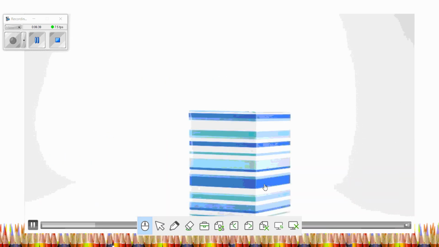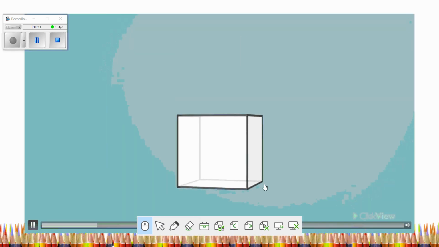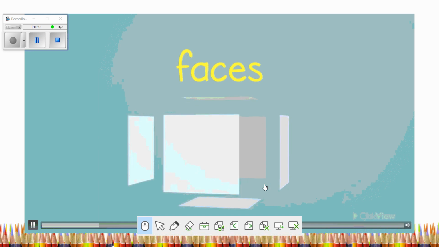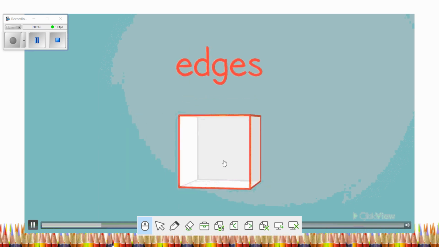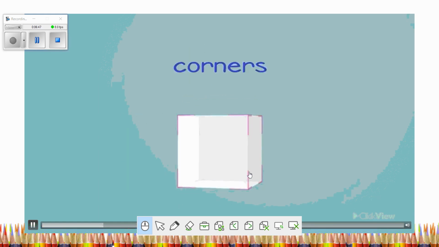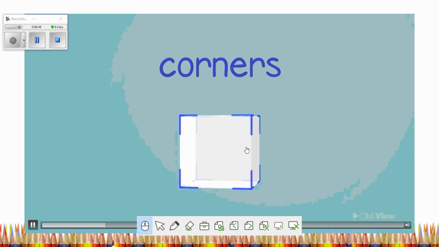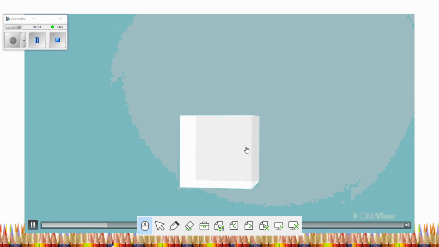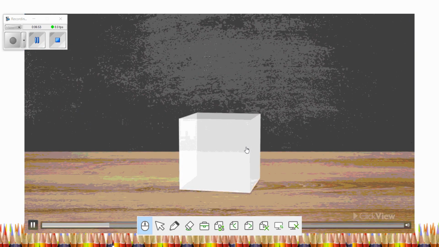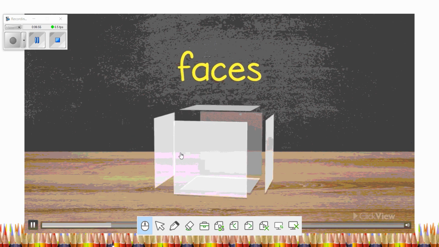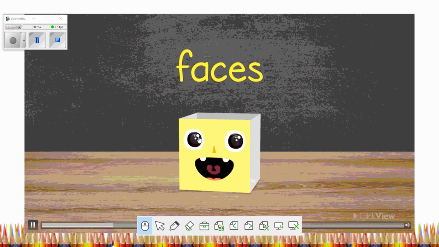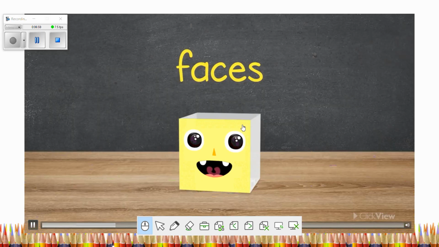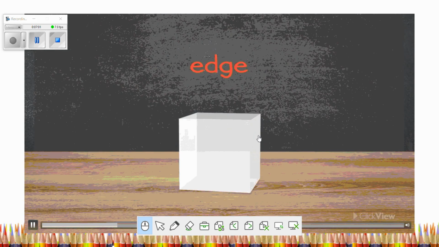We want to know more about them. We have to know about the faces, edges, and corners or vertices. Face, face, face.